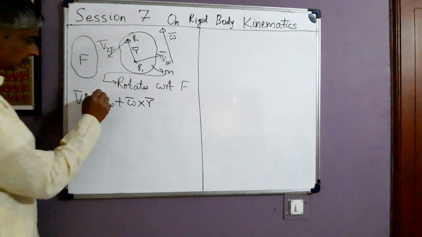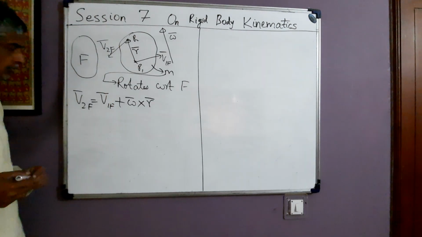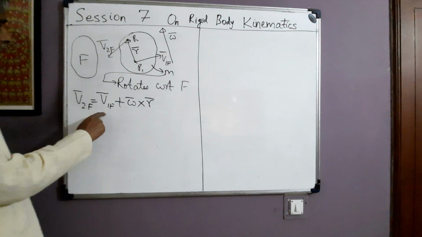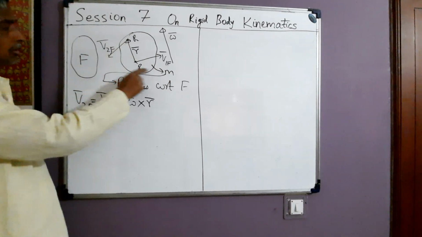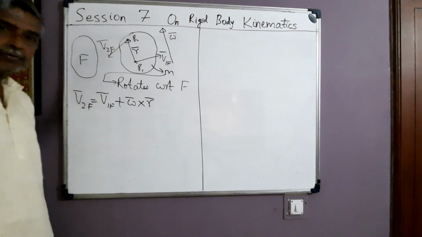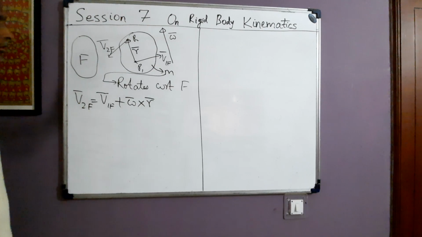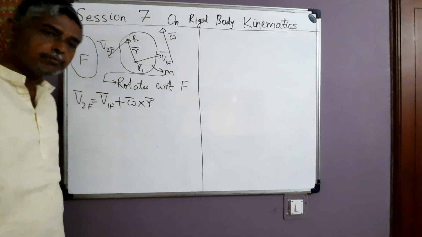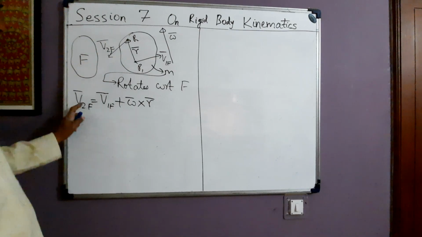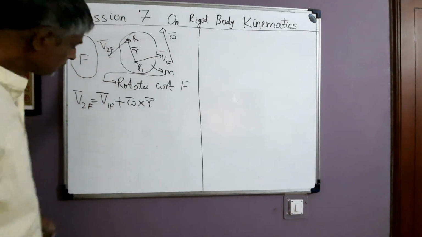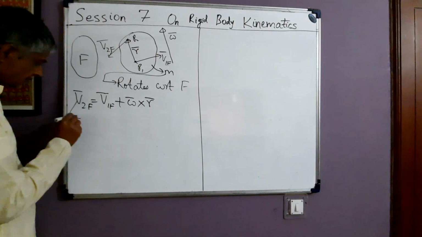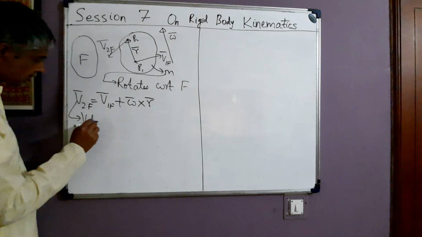So V2F is equal to V1F plus omega cross R. This is the relation between velocities of two locations of a rigid body M which rotates with respect to frame F. If M rotates with respect to frame F, and P1 and P2 are two locations of M, then V2F and V1F are related via this equation. This is called the velocity equation for a rotating rigid body.